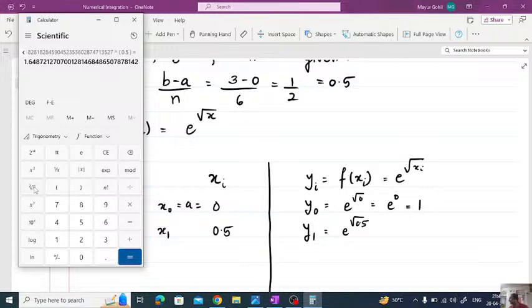Yeah, it is 1.64. But then it is not the root over.